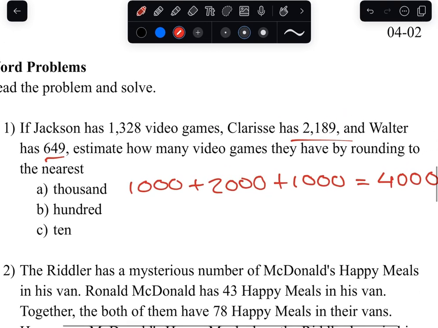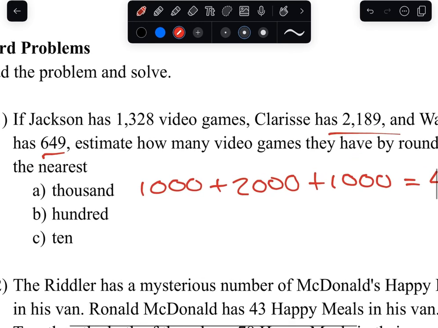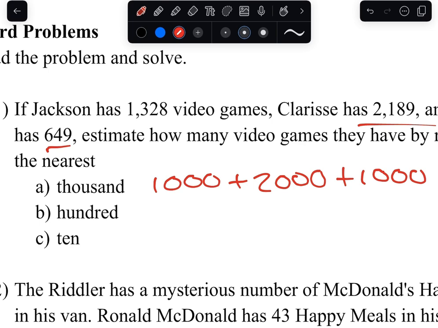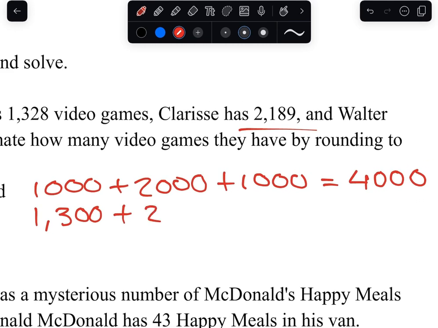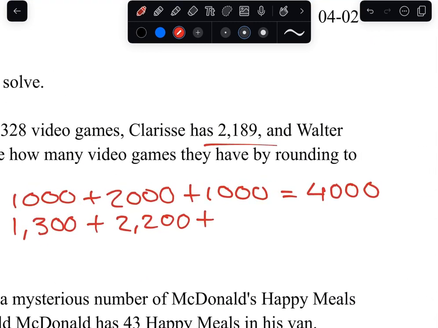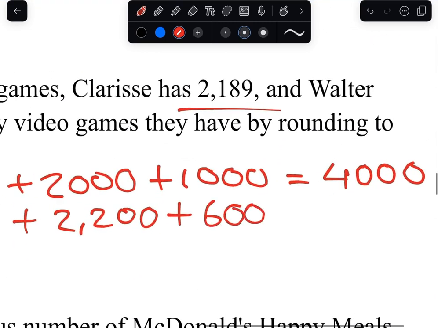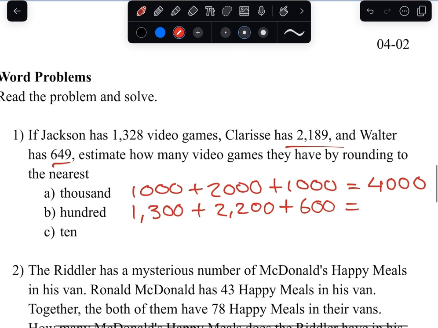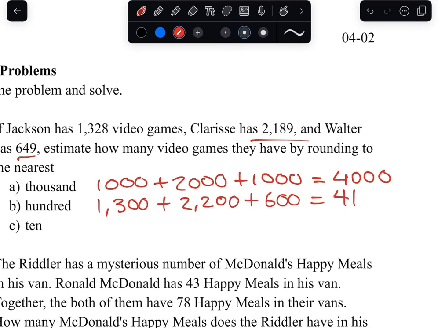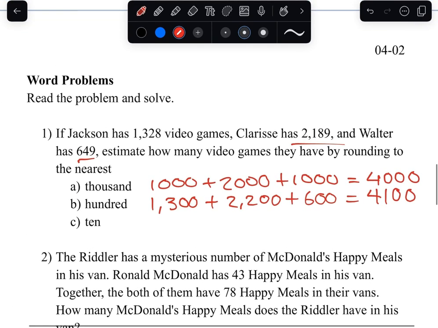Part B, you have to round to the nearest hundreds place. Jackson has an estimated amount of 1,300 video games. Clarice has 2,200 video games, and Walter has 600 video games. 1,300 plus 2,200 plus 600 is 4,100 video games.